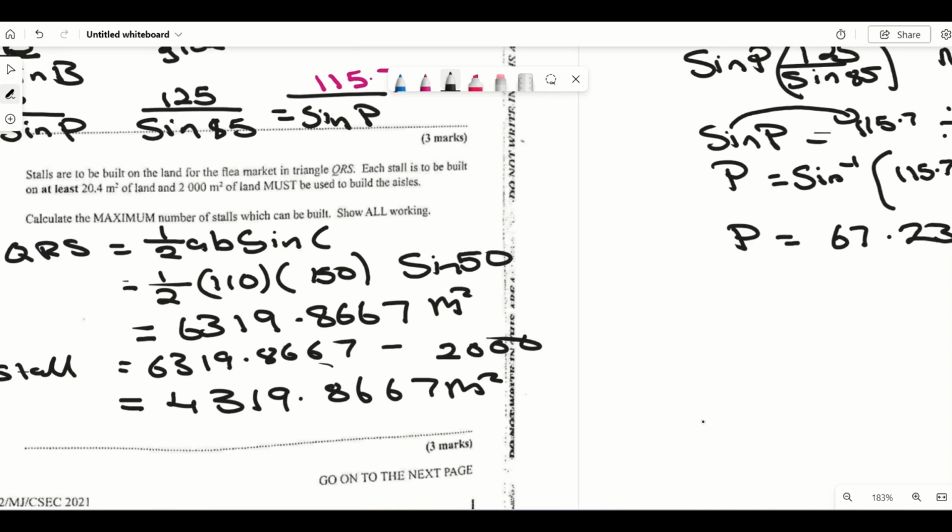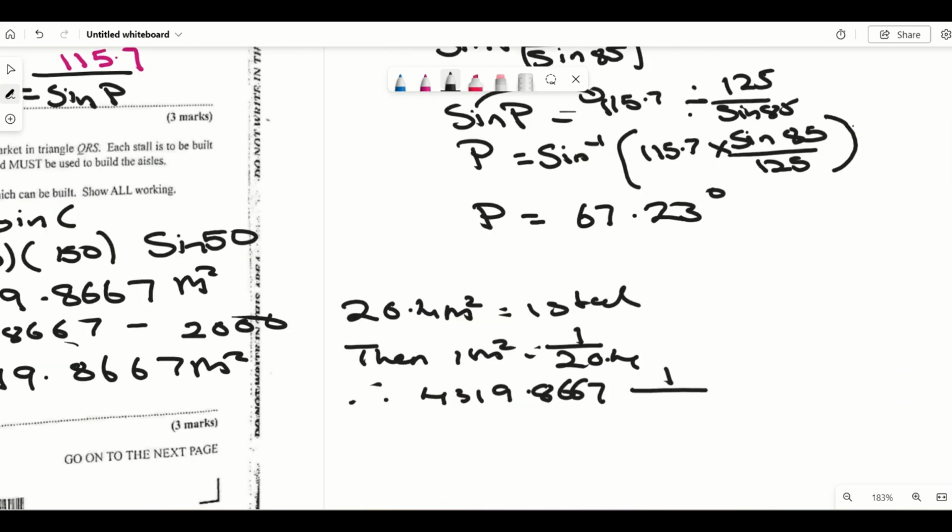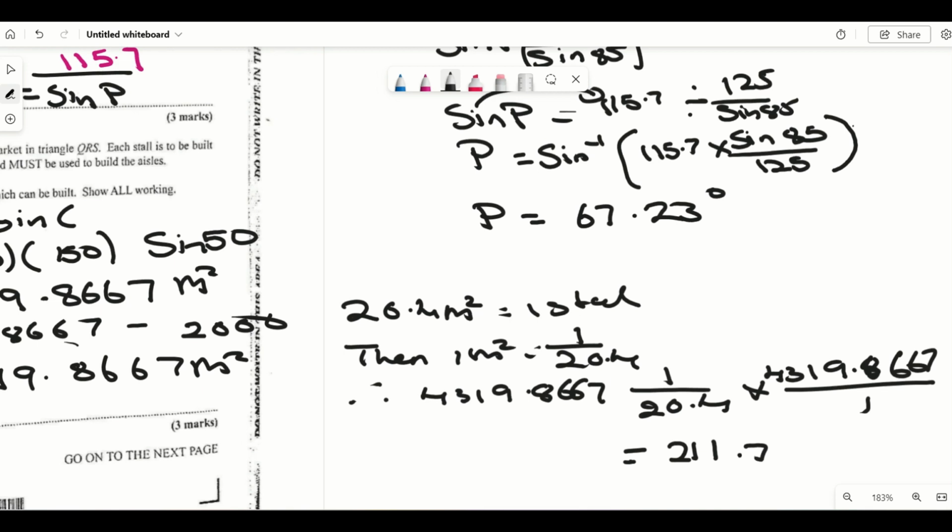Now we know that 20.4 meters squared is equal to one stall. Then 1 meter squared would be 1 over 20.4, and therefore 4319.8667 would be 1 over 20.4 multiplied by 4319.8667 over 1, which is equal to 211.758 stalls.